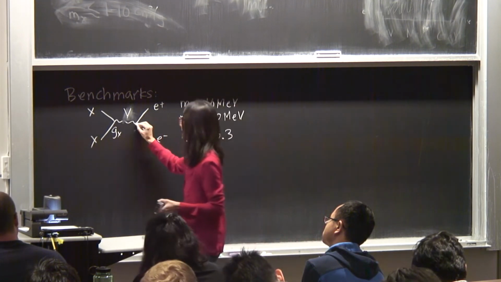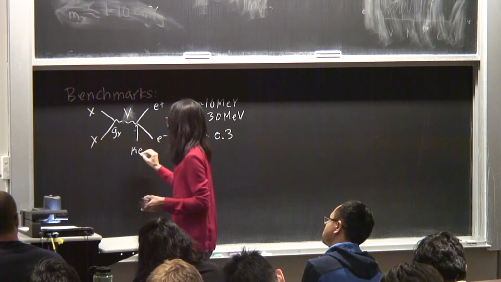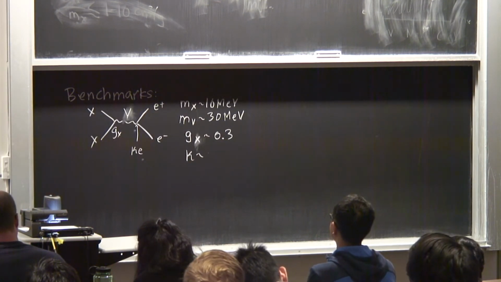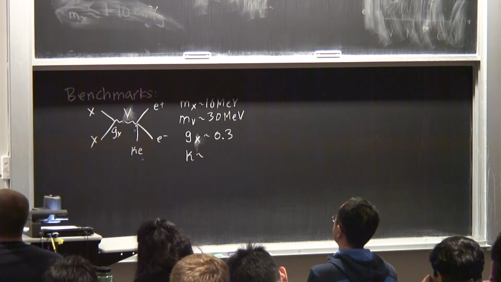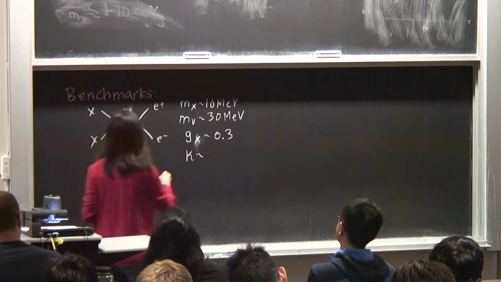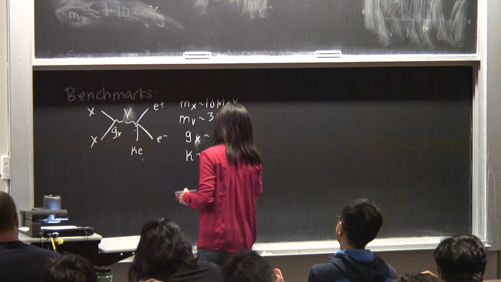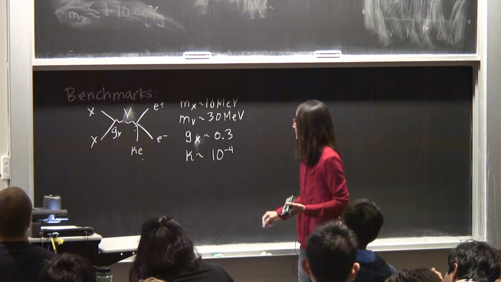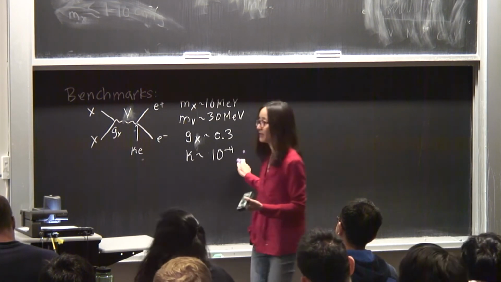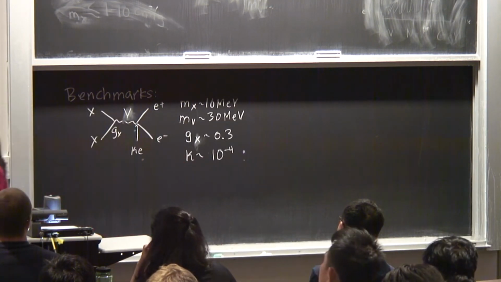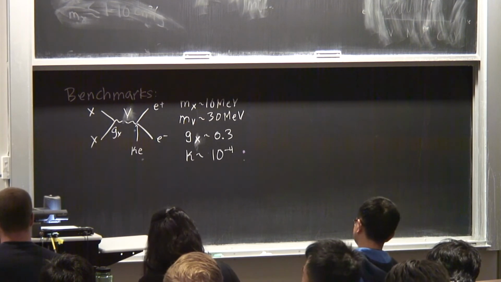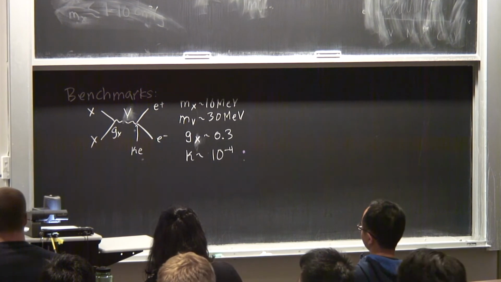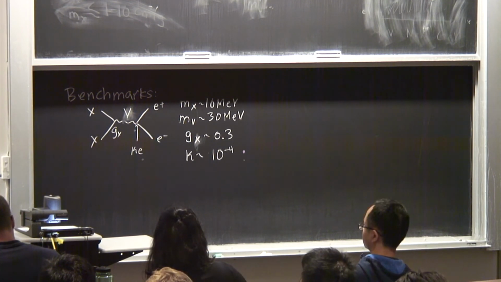And the coupling here is given by kappa times the electric charge, which is coming from this one. And that kinetic mixing can be about 10 to the minus 4. So let me mark this with the yellow, green, purple dot. And that benchmark will be somewhere in here, right in the middle of these accelerator tests of dark photons or dark matter coupling to dark photons.